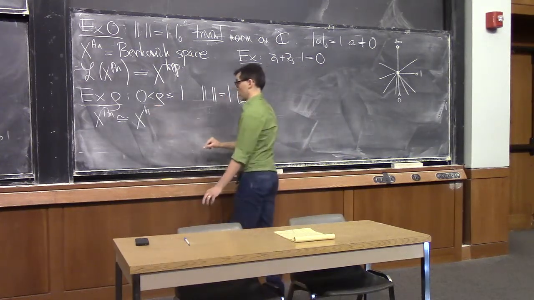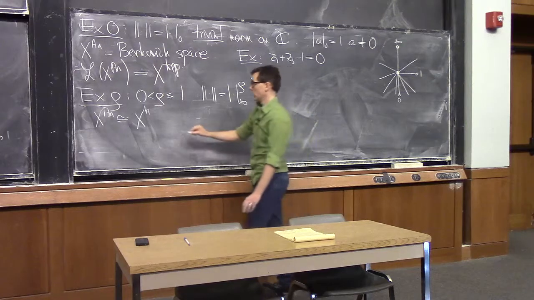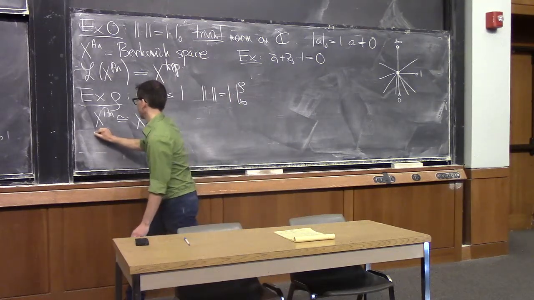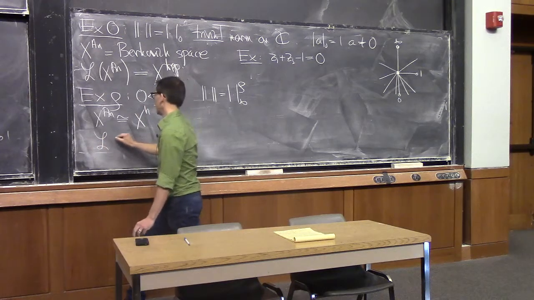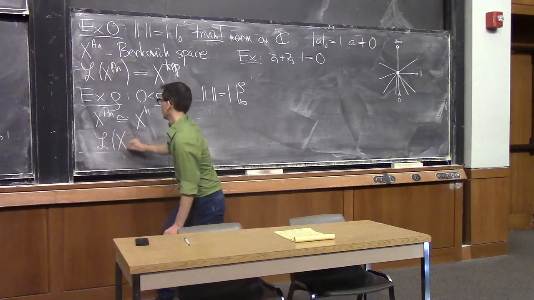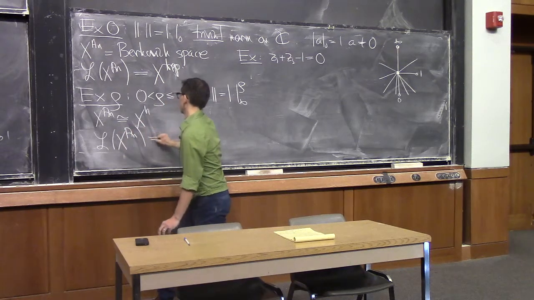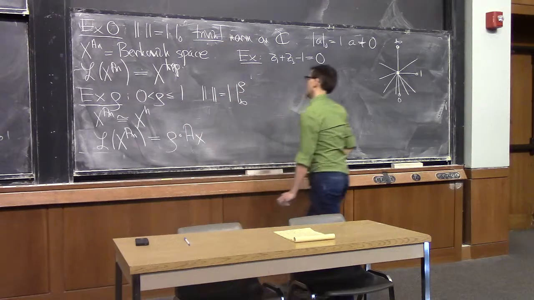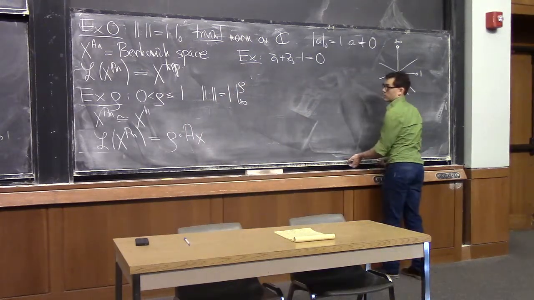So at least as a topological space, it's homeomorphic to the usual analytic space, the usual complex manifold, or complex variety. What happens, which is not too surprising, is that when I do L of Xn like this, this is really rho times the amoeba. Okay. Because of the log.